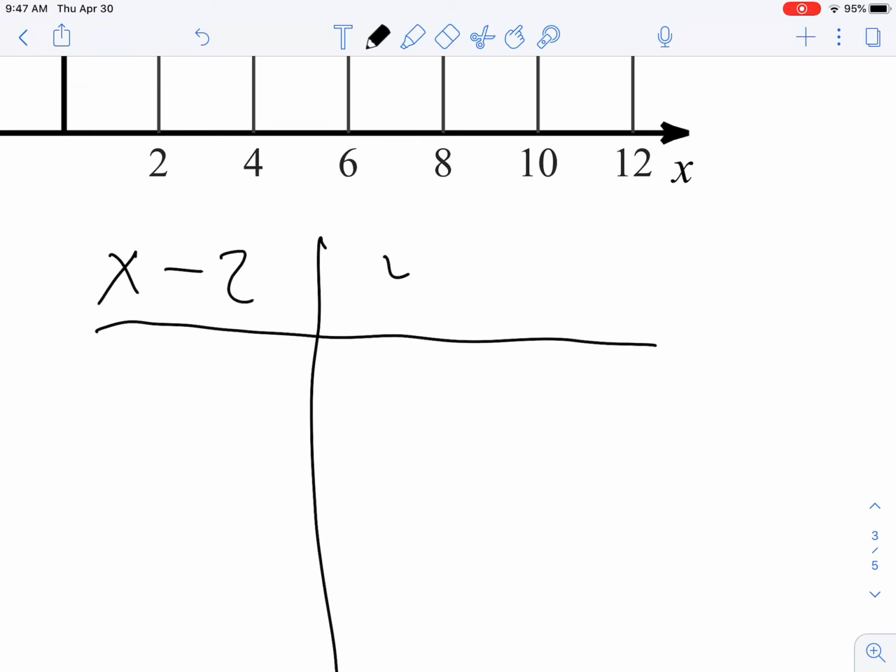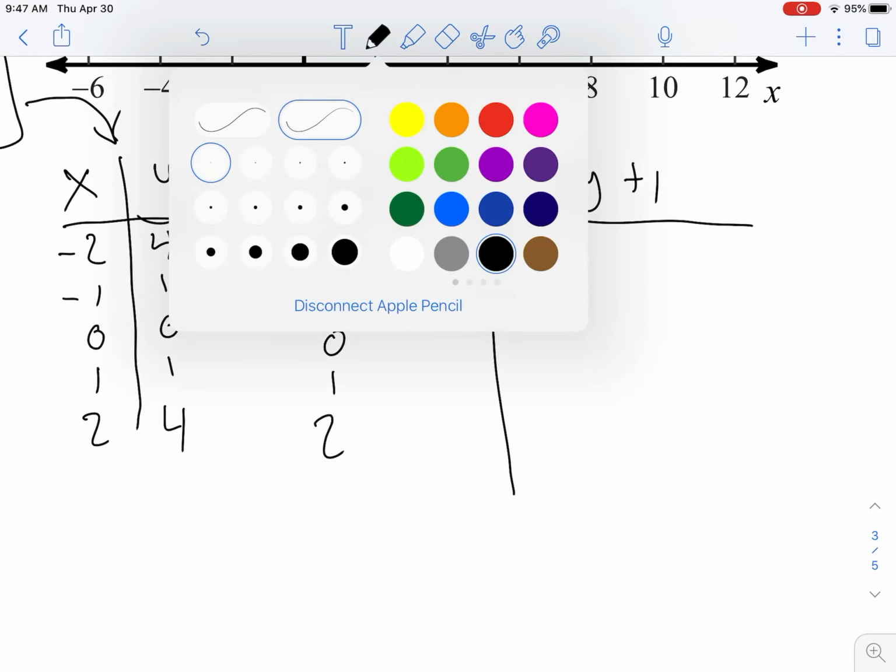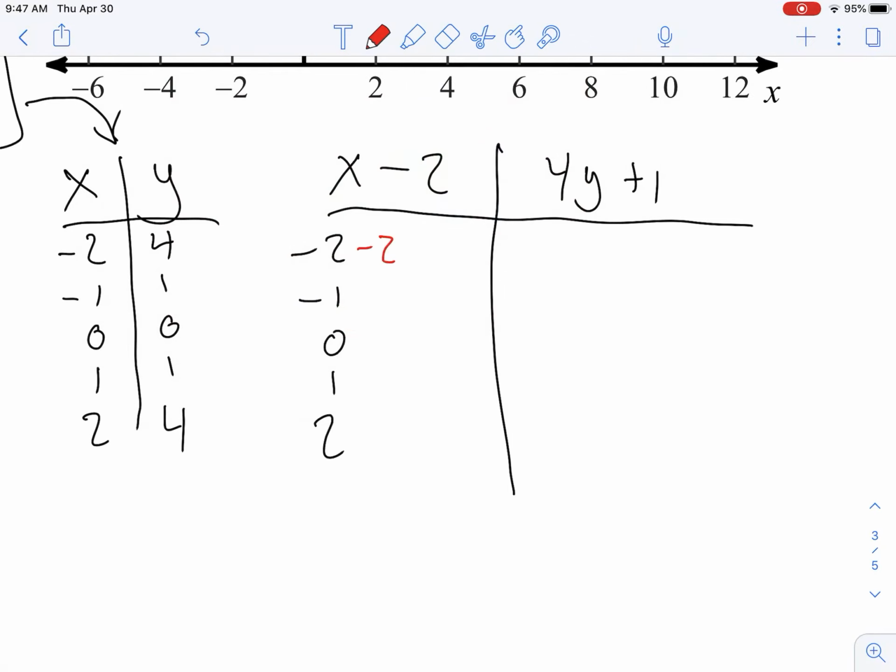So I'm going to have 4y + 1. Then I'm taking my values, -2, -1, 0, 1, and 2, and we are subtracting 2 from each of those.